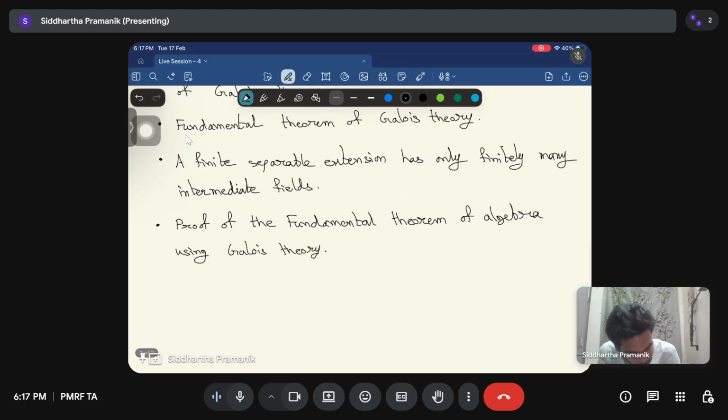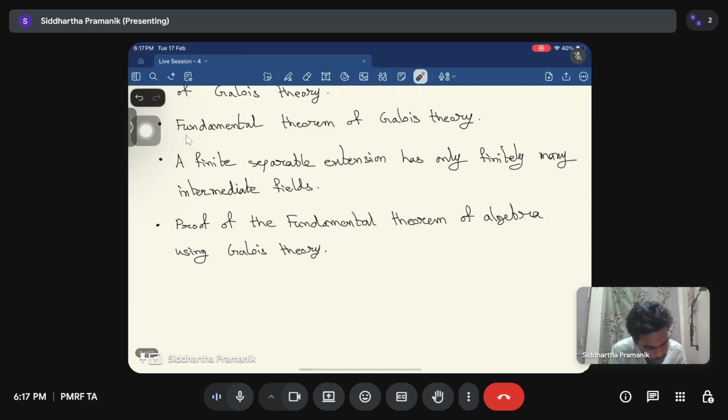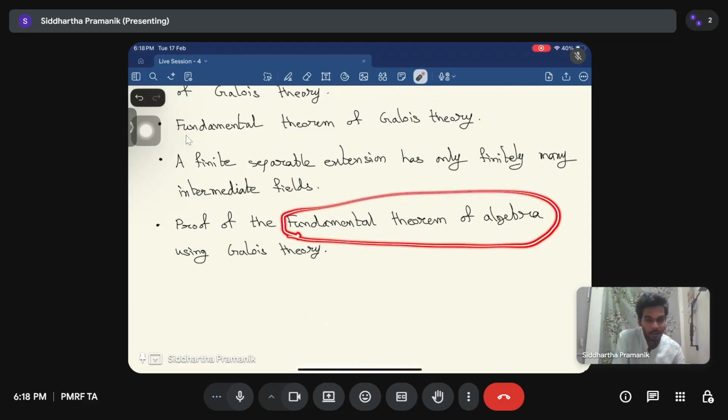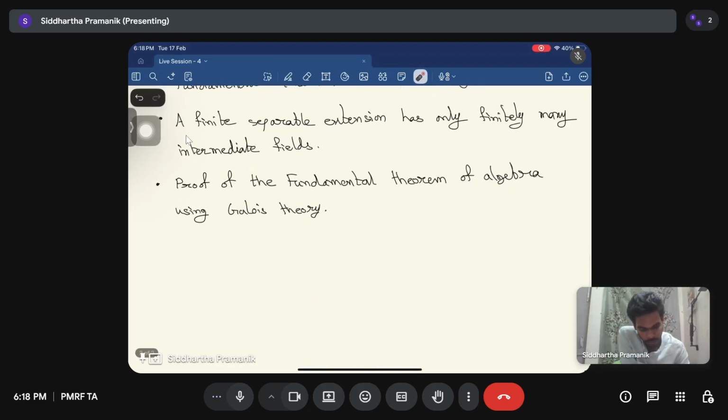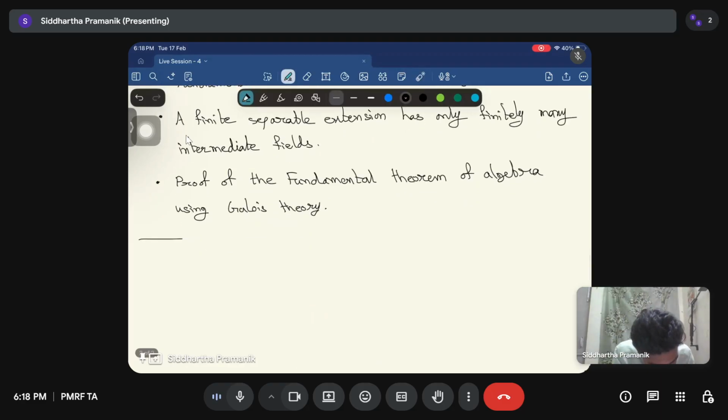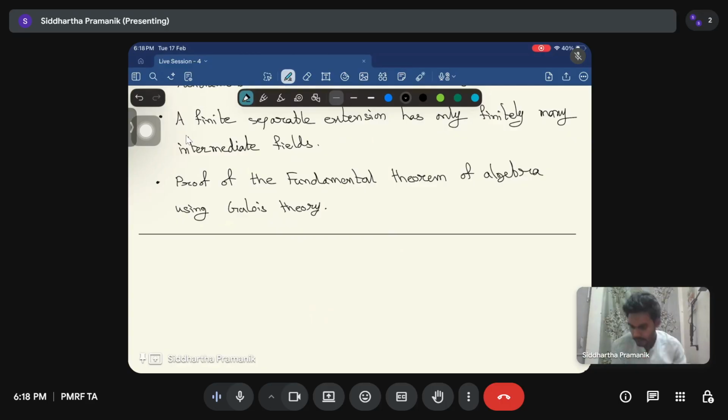There are various proofs of this result available, but we have done this using Galois theory. So these are the topics of this week. Now let's come to some problems so that we can grasp the contents of this week, and also we can solve the assignment problems.